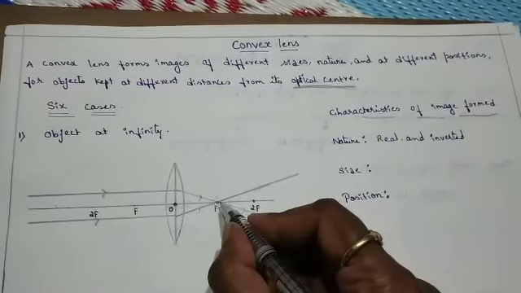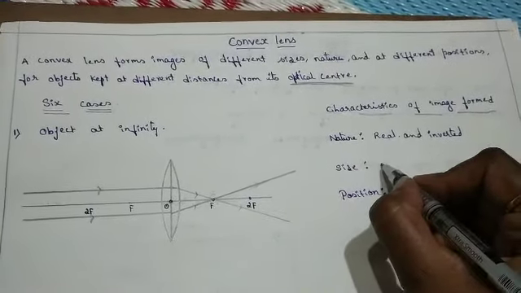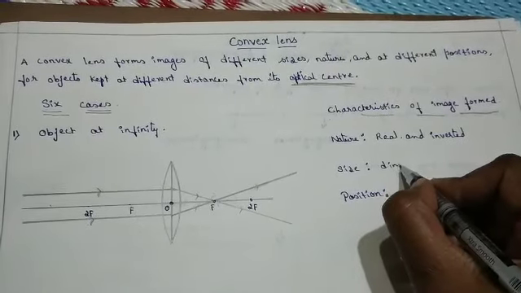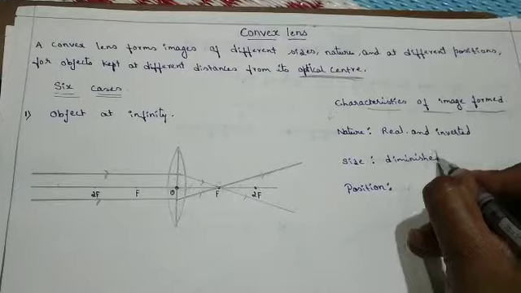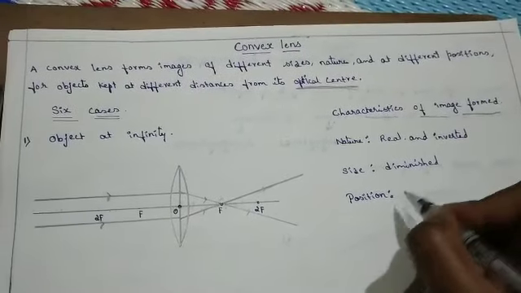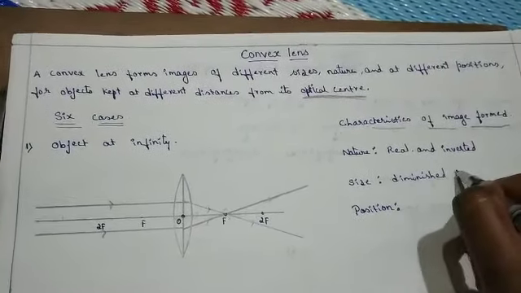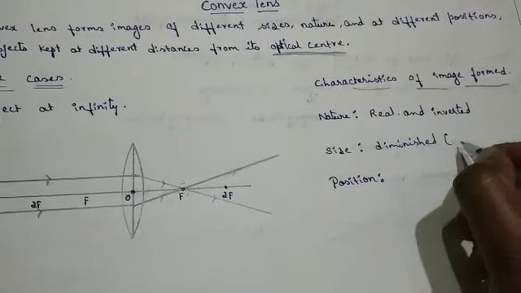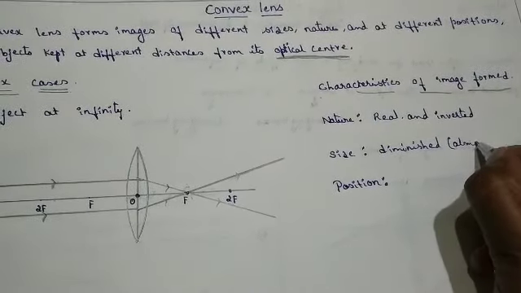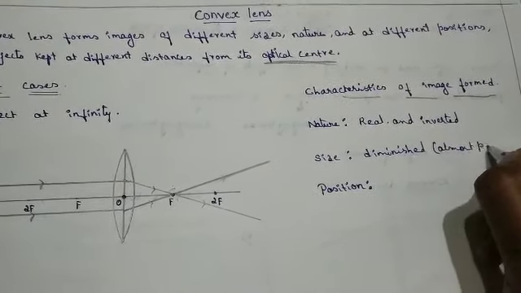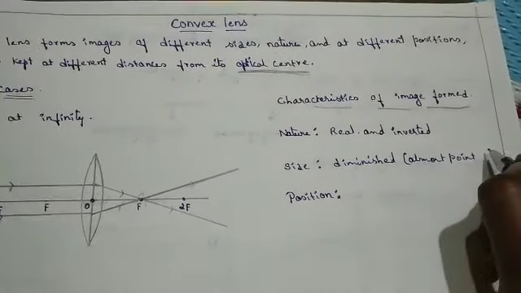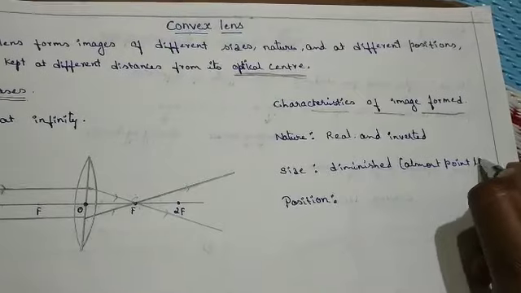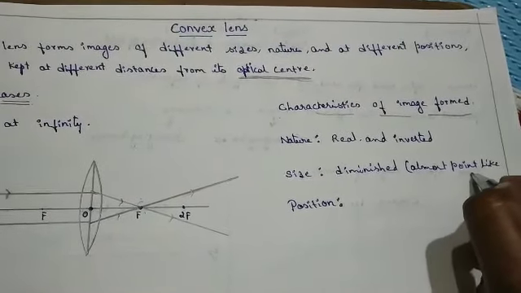Size, you can see a point size, so we can write diminished, almost point-like image.